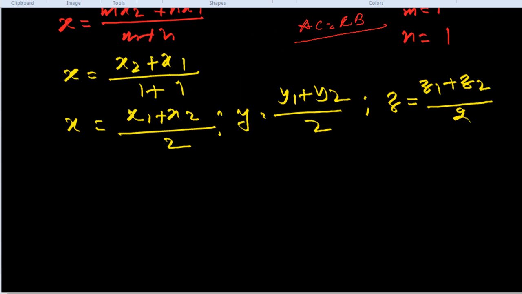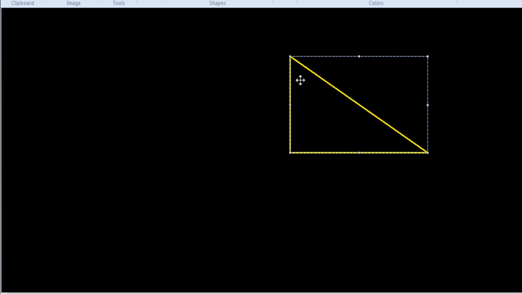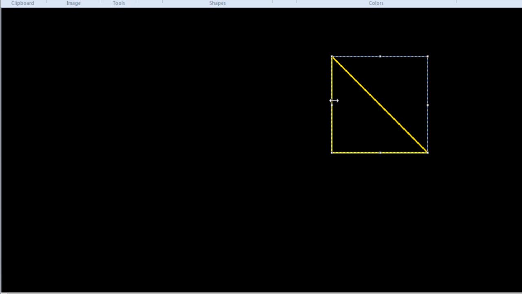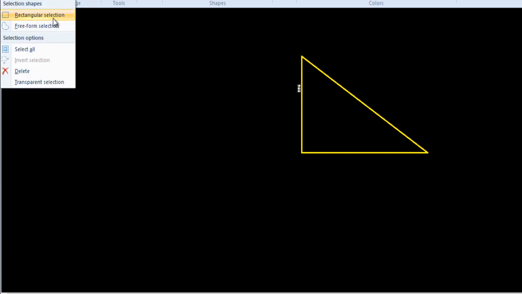Now I would like to explain the centroid of a triangle. If you have a triangle like this, we have to find out the centroid. We are not getting a proper triangle here, so I just delete it and make another one for you. This is a triangle ABC.